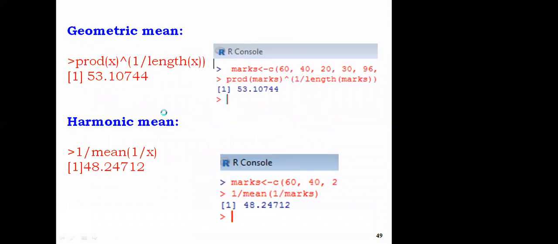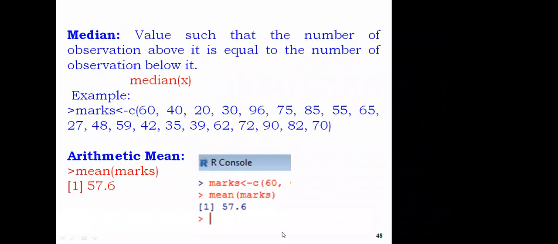How can we calculate our arithmetic mean? Just see marks. Here it is given as marks, so that's why we are writing marks here. Then less than dash, you write c, and within the bracket you write all the values. I've taken only this screenshot, values are present there.